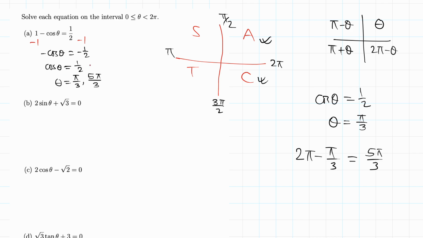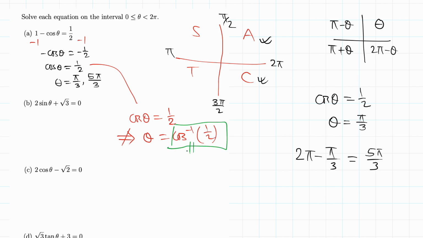Here's one warning. Cosine theta equals 1/2. It is not necessarily true that theta equals cosine inverse of 1/2. This is not true, for the obvious reason that when you are asked to evaluate cosine inverse of 1/2, it has only one answer, which is pi over 3. And as we see, cosine theta equals 1/2, even for this domain, has two answers.